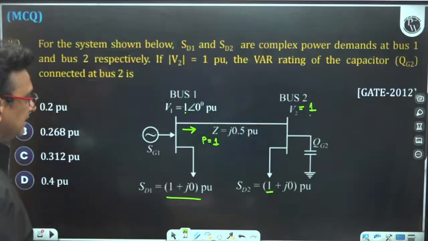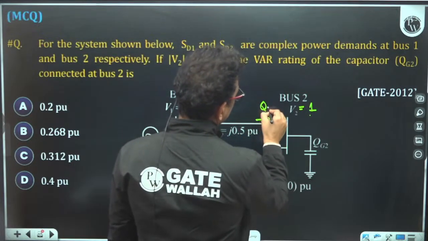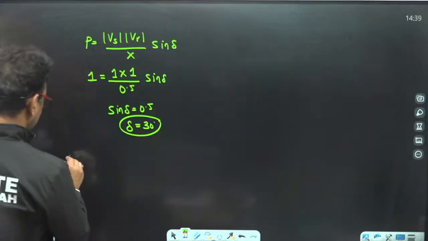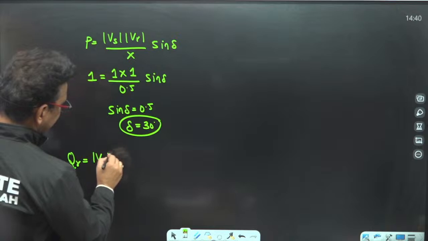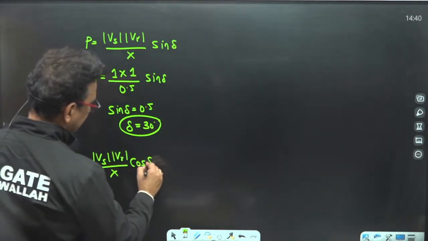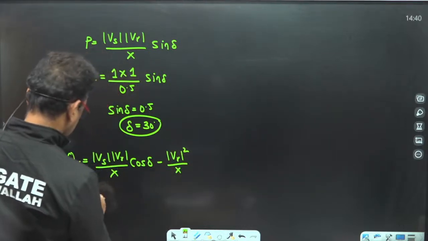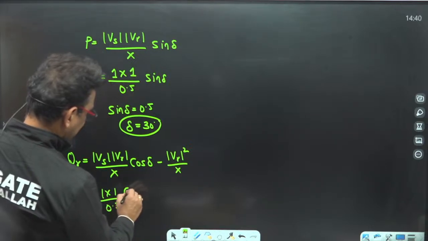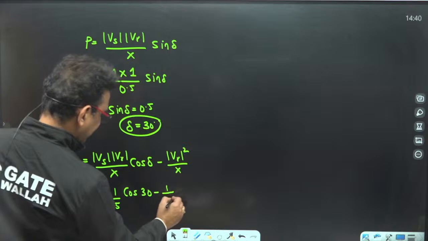Clear? Now if I find out the reactive power that is coming at the receiving end, QR. The reactive power at the receiving end is nothing but Vs VR upon X into cos delta minus VR square upon X. So it is 1 into 1 upon 0.5 cos 30 minus 1 upon 0.5.